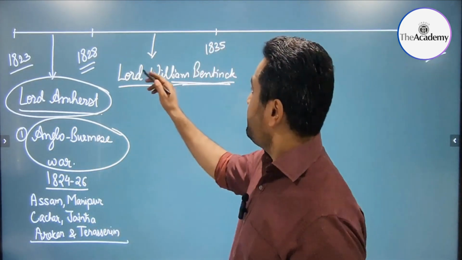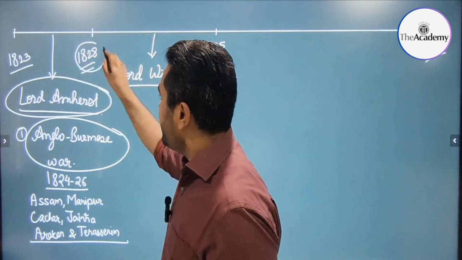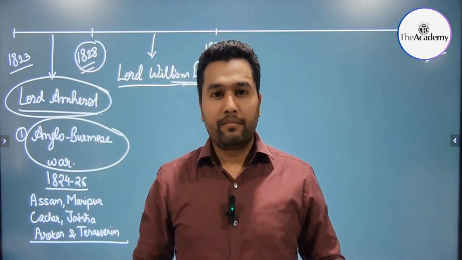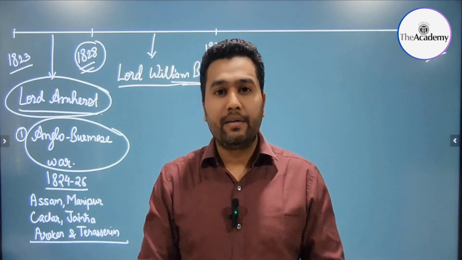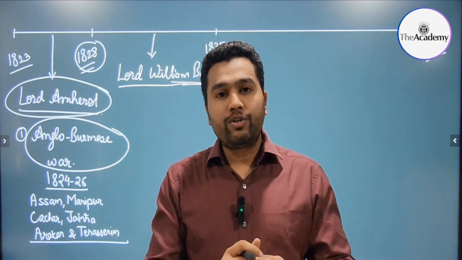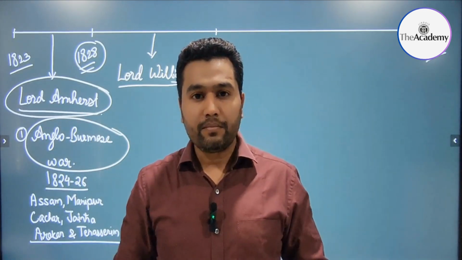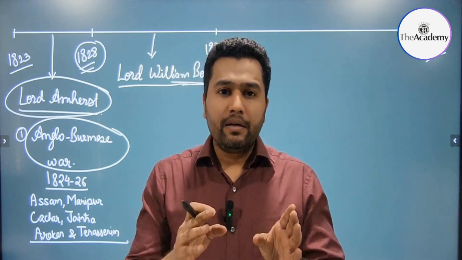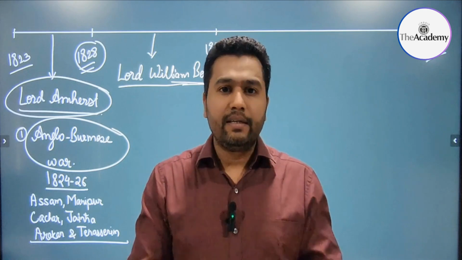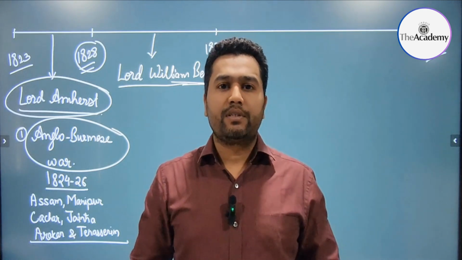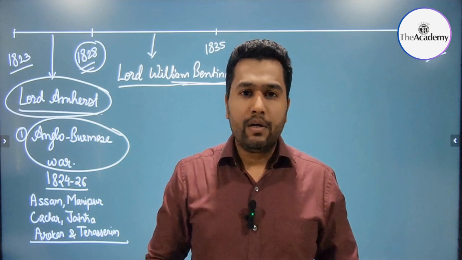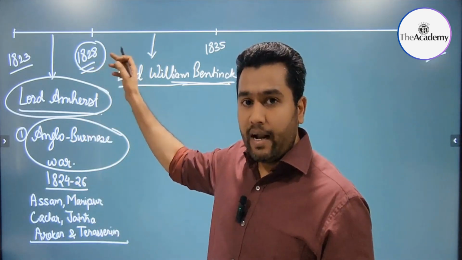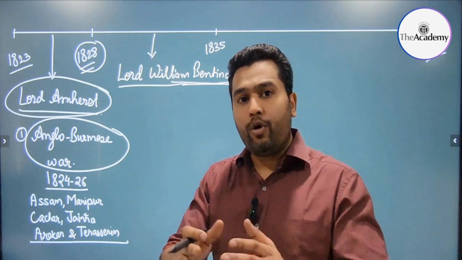When Lord William Bentinck became the Governor General in 1828, he came with reformist zeal. So in 1829, there was abolition of sati. Lord William Bentinck made the commission of sati a criminal offense. In 1829, it was made a criminal offense in Bengal, and in 1830, it was extended all over India.